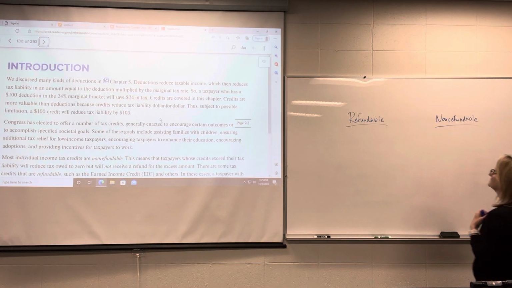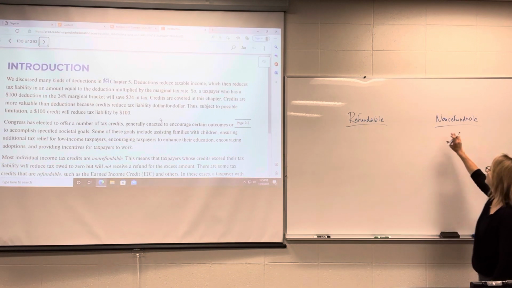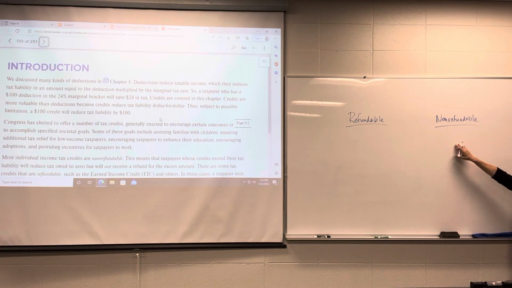What this means is that for, I'm going to say the non-refundable one first, non-refundable credits cannot reduce tax liability below 0. Okay, cannot, and now I'm not saying the refund.